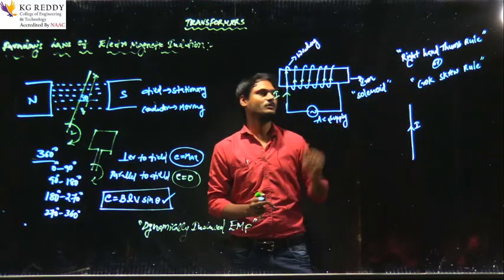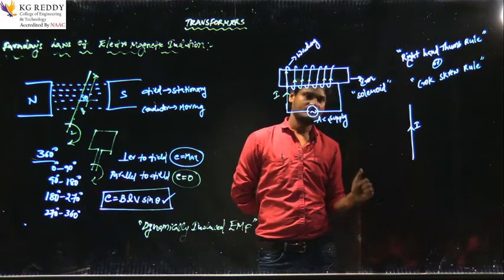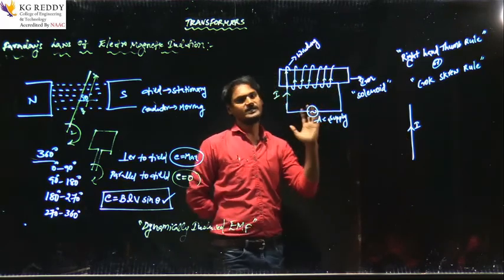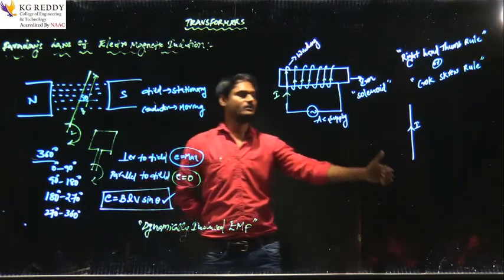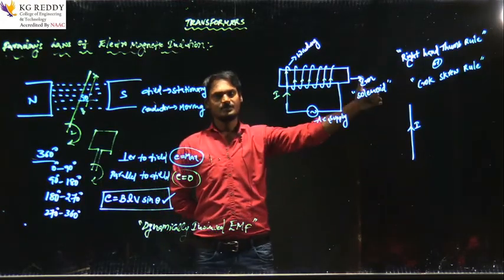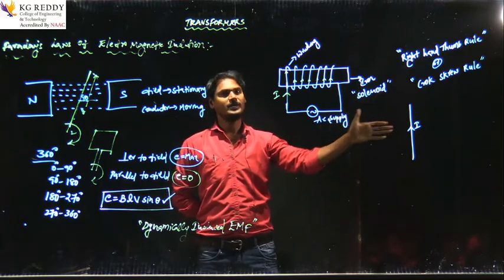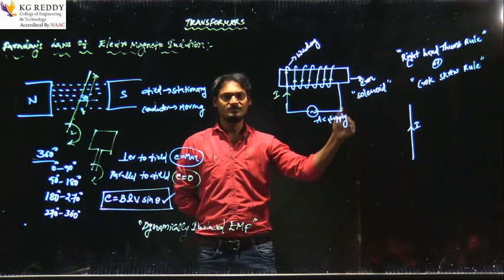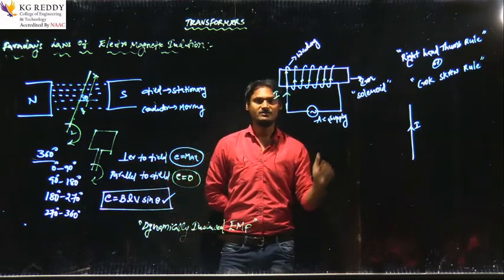So, the right hand thumb rule explains the direction of current. Use your right hand: the direction of current can be represented by the thumb in the upward direction, and the orientation of the fingers will represent the direction of magnetic flux.